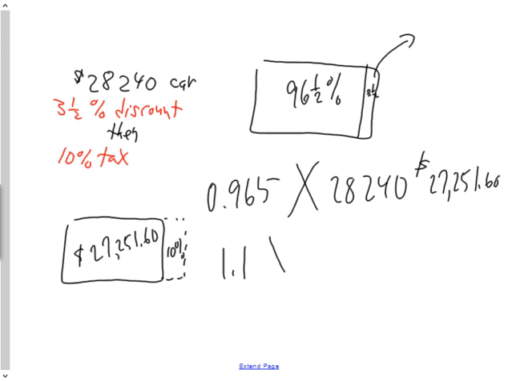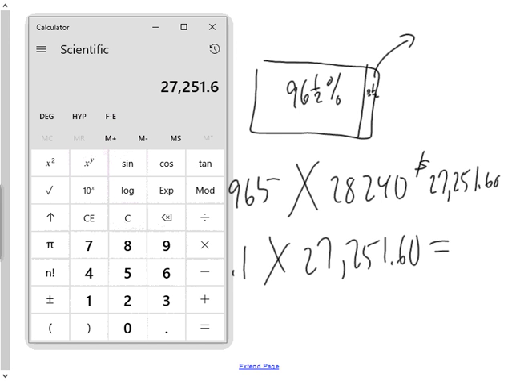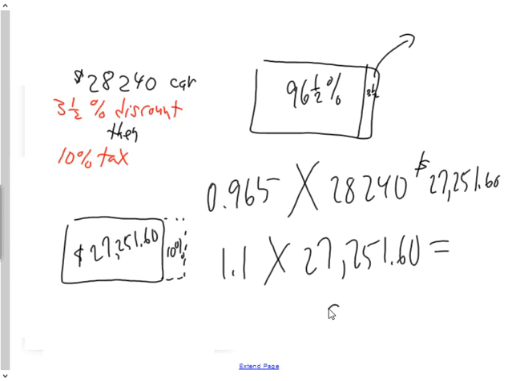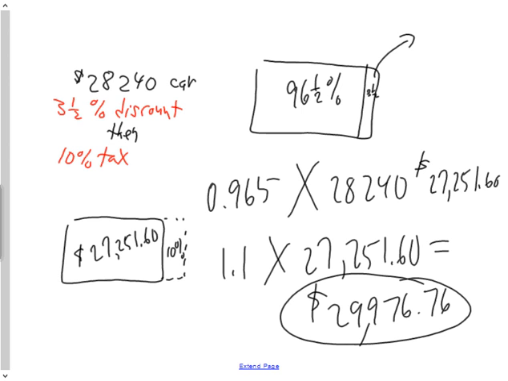So 110% of the $27,251.60 car is, there it is, I kept it in there, so multiply that by 1.1, and our answer is 299.76. That is the price with tax.